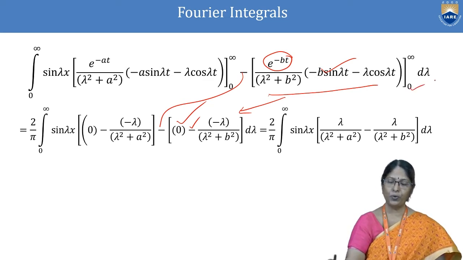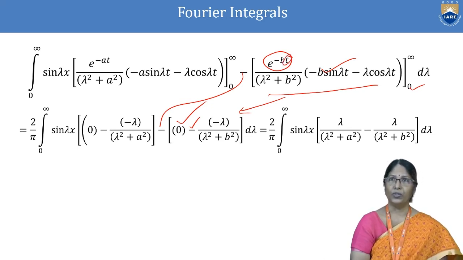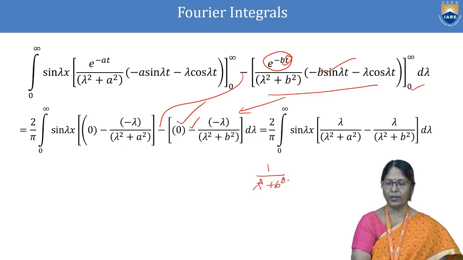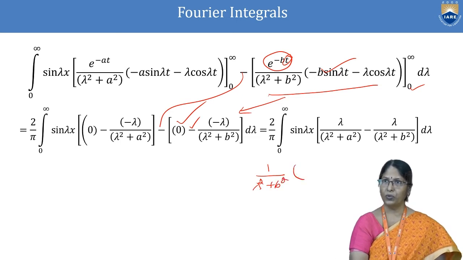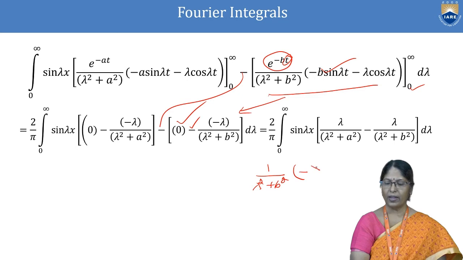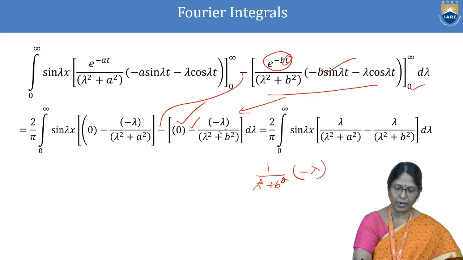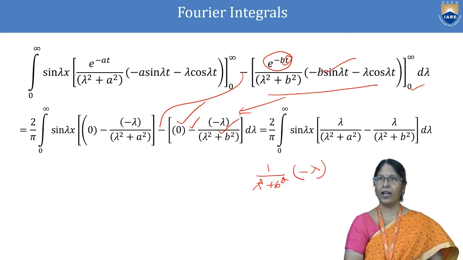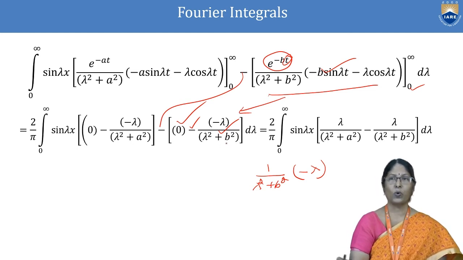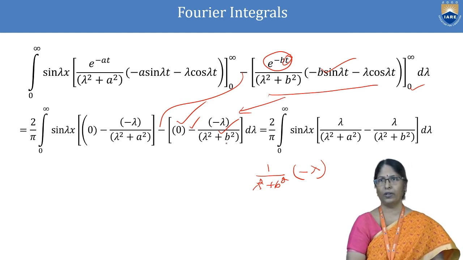We will substitute in the place of t, e power 0. E power 0 is nothing but 1 by lambda square plus b square. Sine 0 is 0, minus lambda cos 0, cos 0 is 1. So that's what is written here: minus lambda by lambda square plus b square.